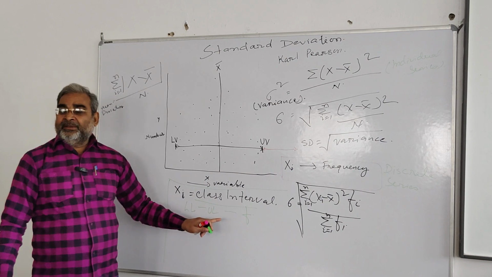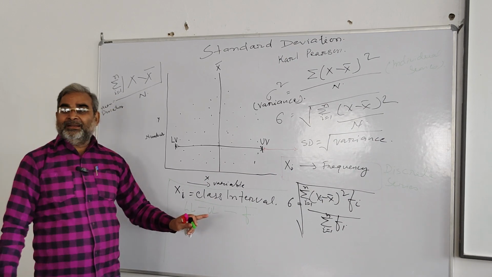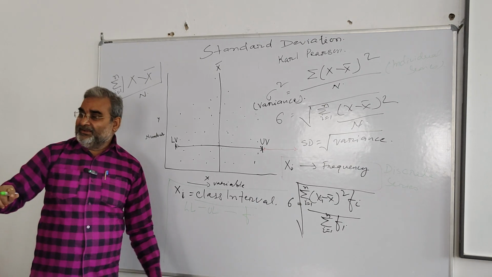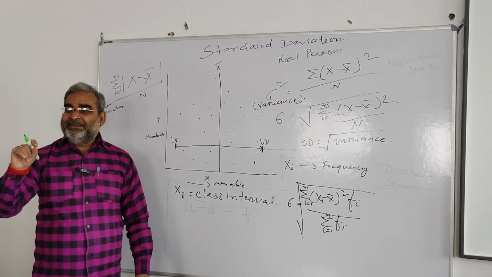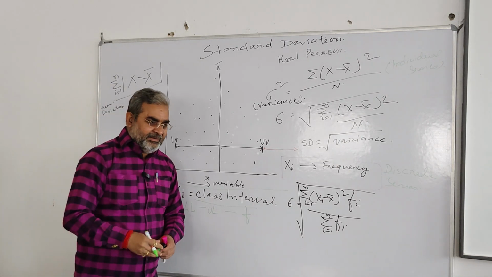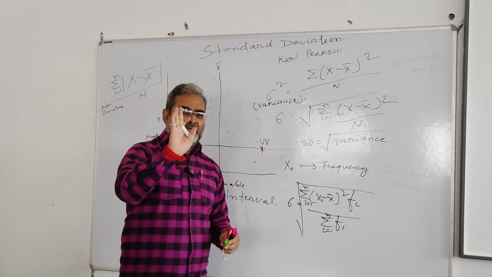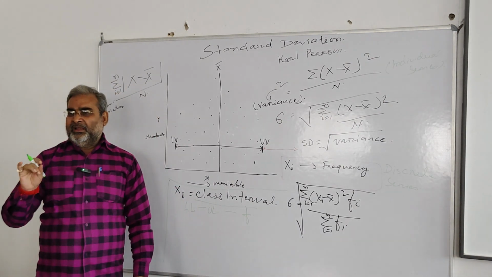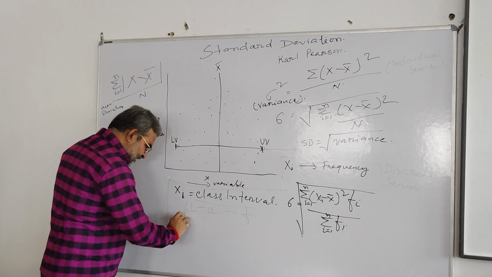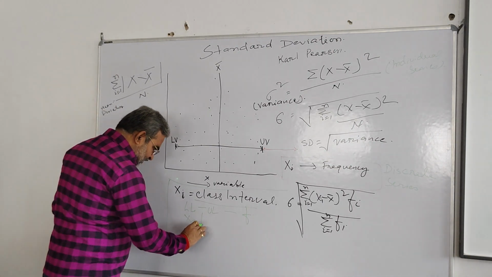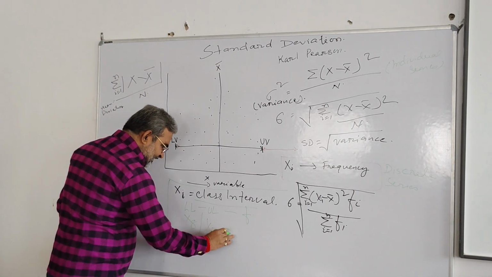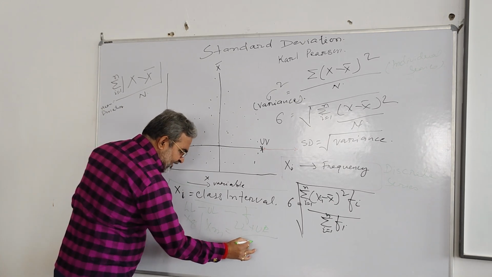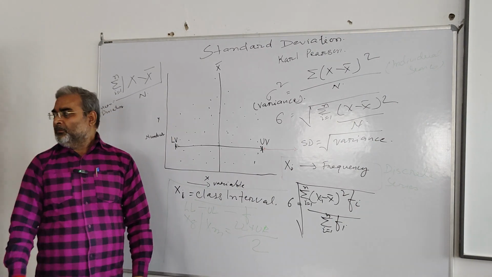That means it is not possible to calculate the standard deviation using the upper limit and lower limit. In this condition, we calculate the xm, the class midpoint. The xm represents lower limit plus upper limit divided by 2.